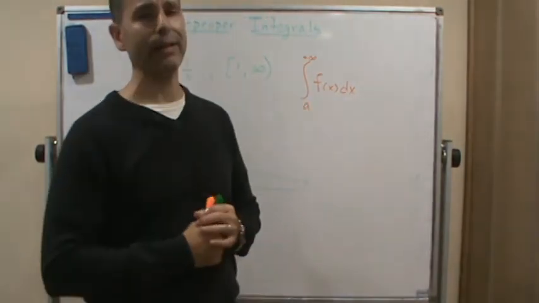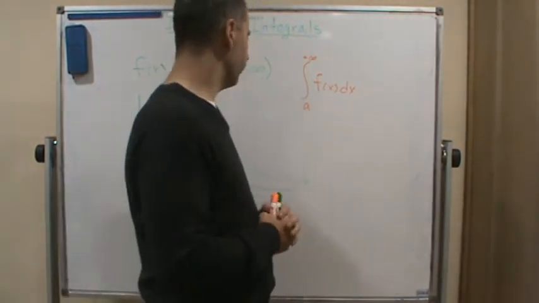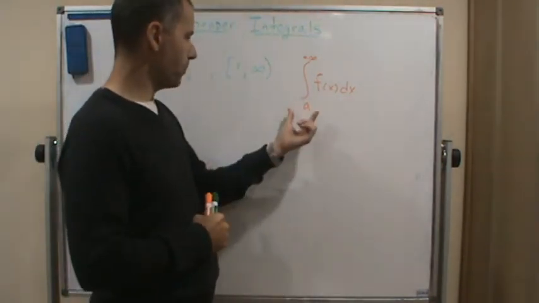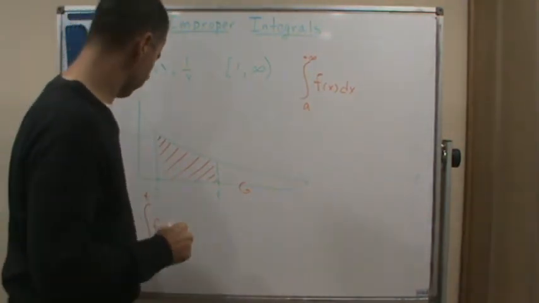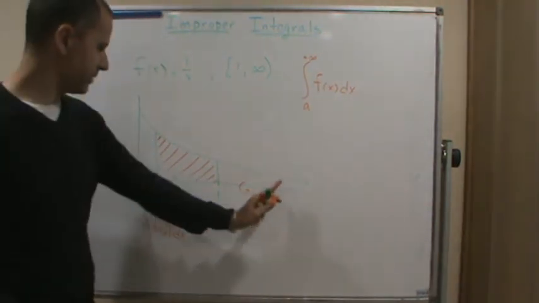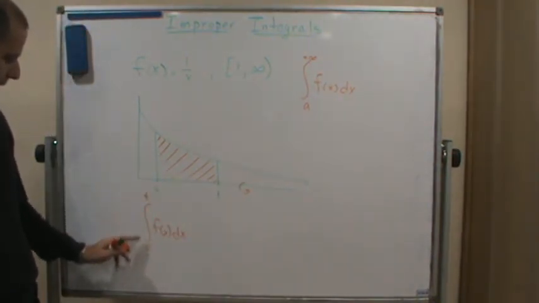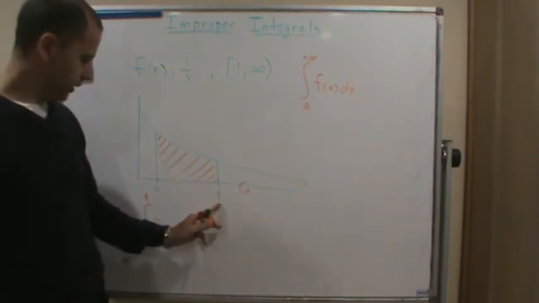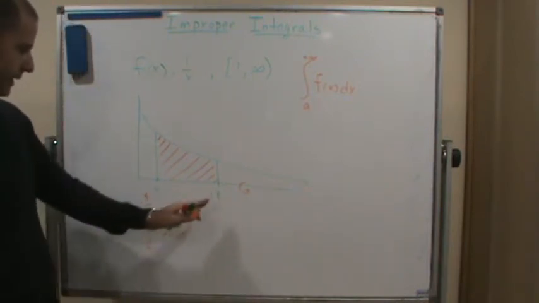Now, how do we define an improper integral? Well, let's look at this. If we look at this graph, we know we could take the integral from any a to any t value, right? So we can find the area under the curve for any t value.